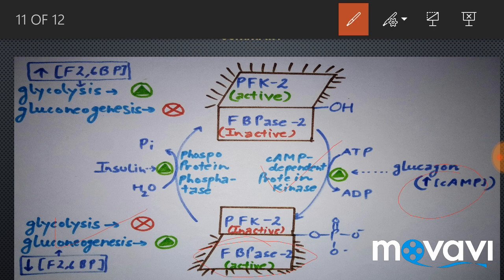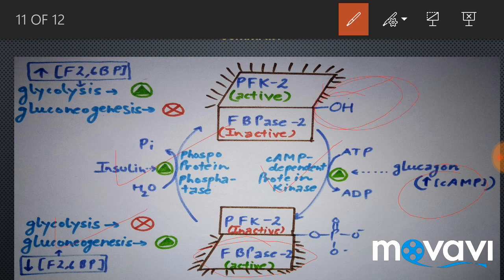And on the other hand, if there is dephosphorylation of this particular bifunctional enzyme by phosphoprotein phosphatase, when insulin is acting on this enzyme, it would be the opposite. You can see PFK2 is active now and FBPase2 is inactive.